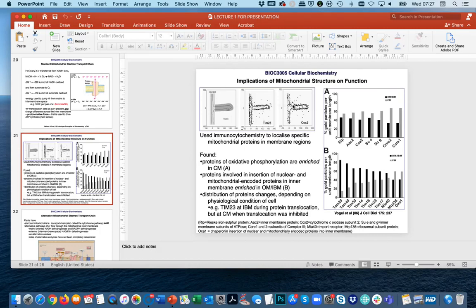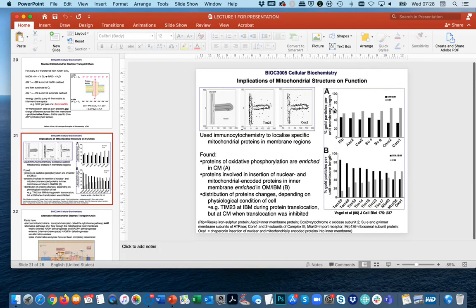These investigators found that the proteins of oxidative phosphorylation are enriched in the cristae membranes. An example of this is COX-2, which is one of the subunits of the cytochrome oxidase, shown on the right-hand side of the top left figure. So the artist's representation shows the gold grains concentrated around the cristae membranes.